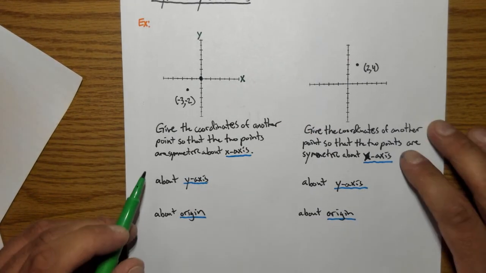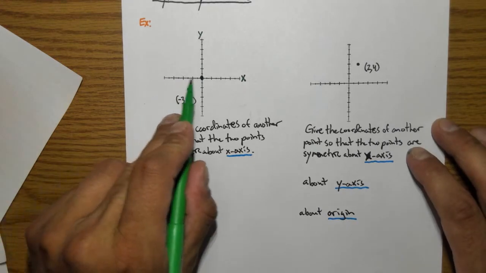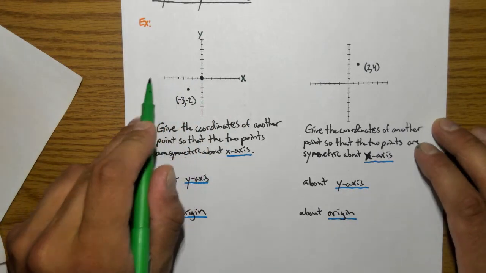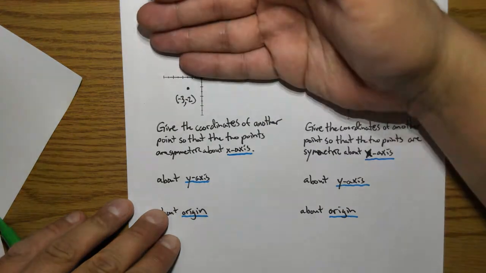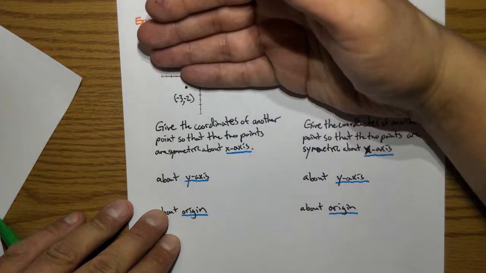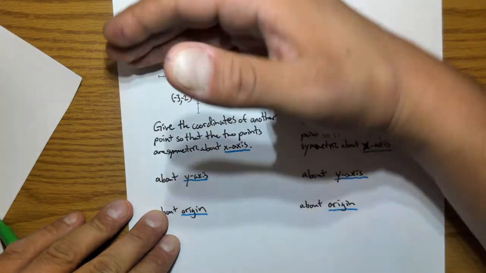So let's start with the x-axis. Well, the x-axis is right here. So when you're talking about reflection, imagine flipping over your paper or something, about the line of reflection.